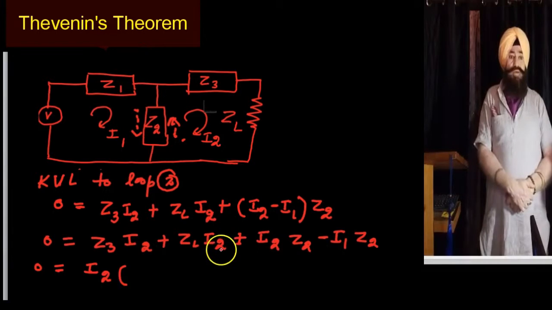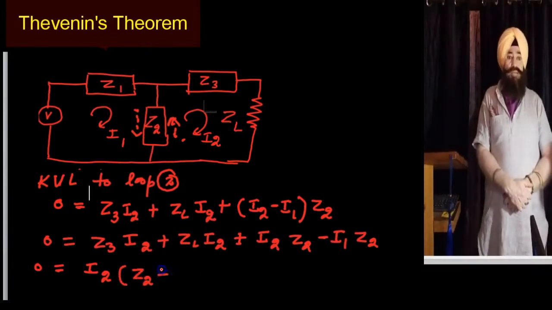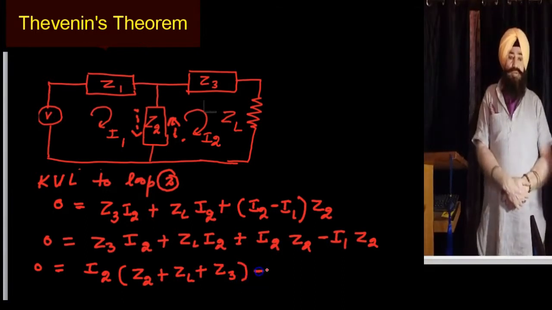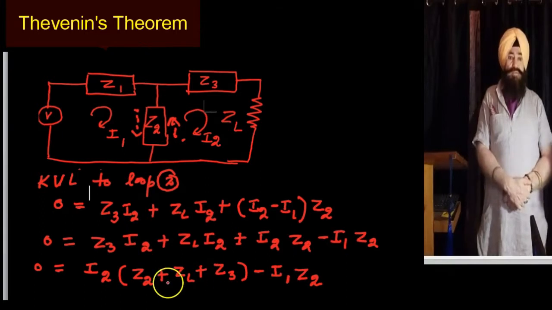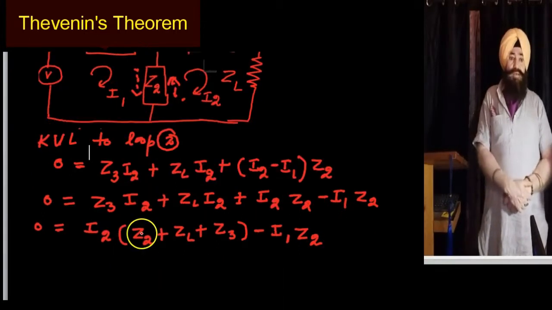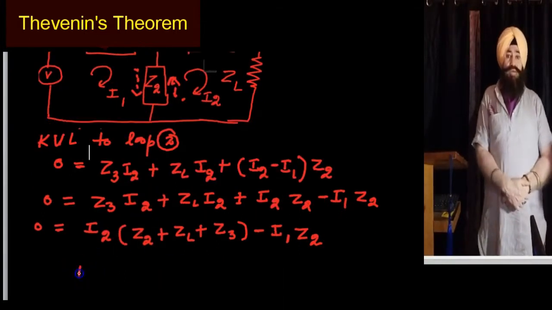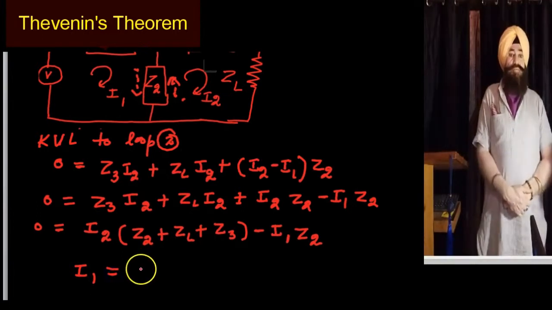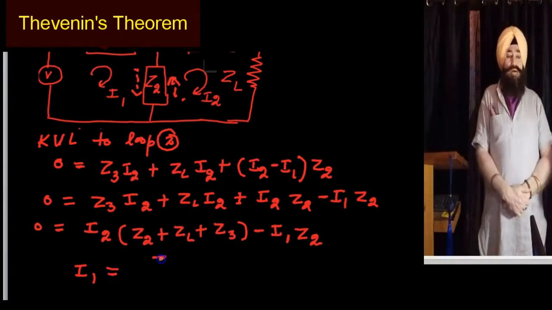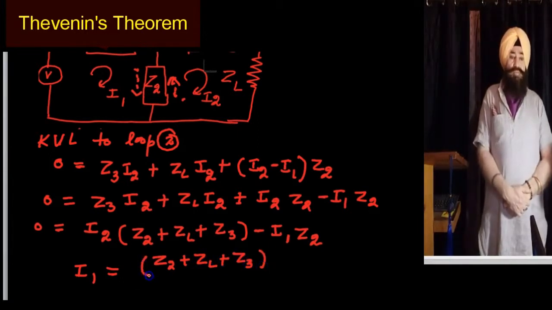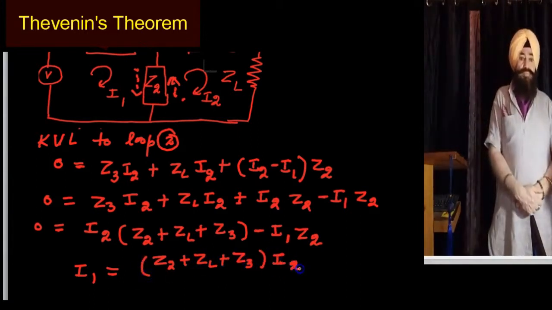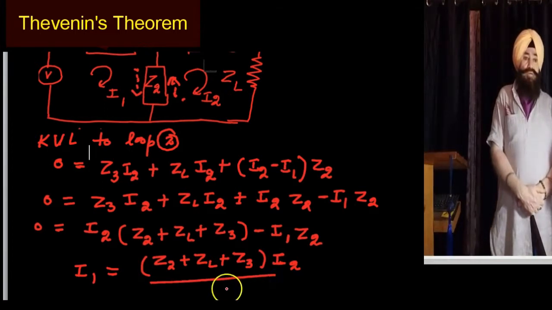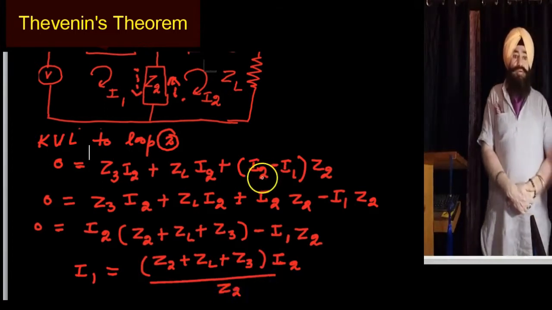Open the bracket and find the value of I2. The I2 parameters are combined, and then minus I1 Z2. Okay. Now the value of I1 becomes, from this equation, divided by Z2.